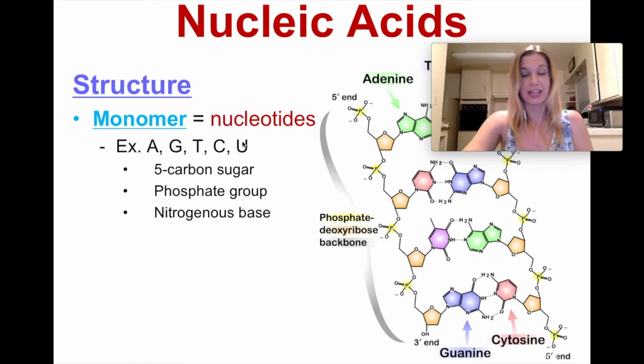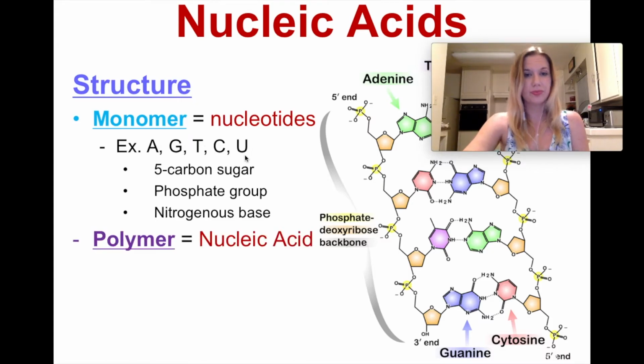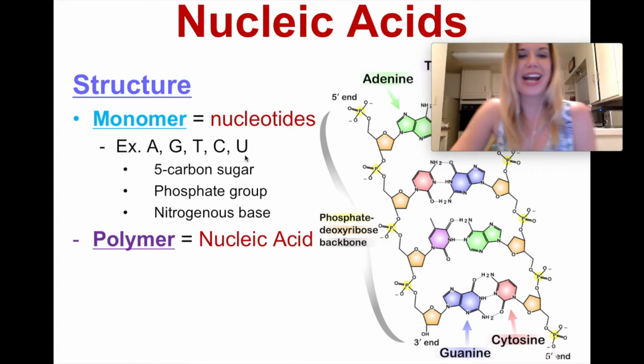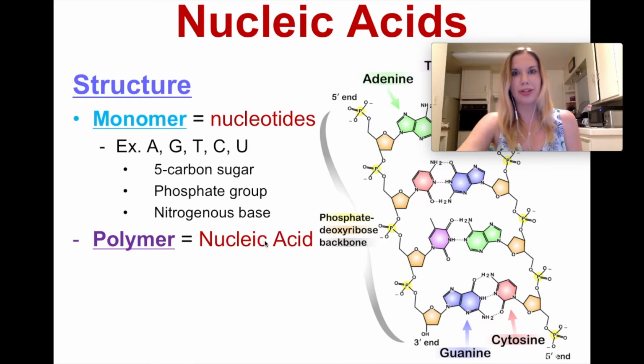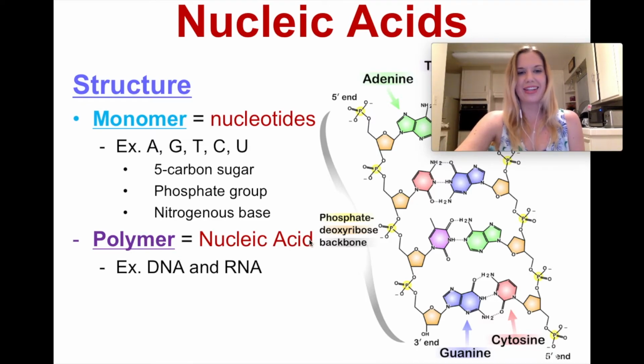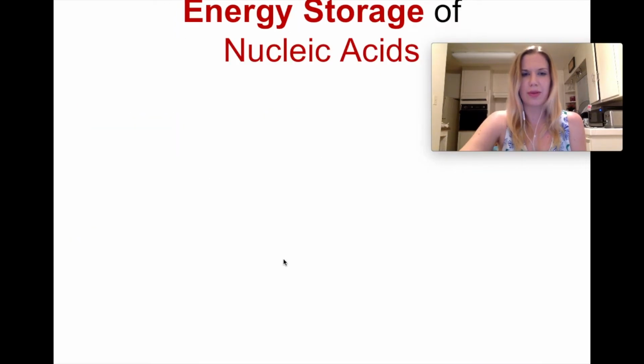Now the polymer is called the nucleic acid, and examples are DNA and RNA. We haven't talked about what RNA is yet, but it's coming up soon. It also has to do with our genetic information.